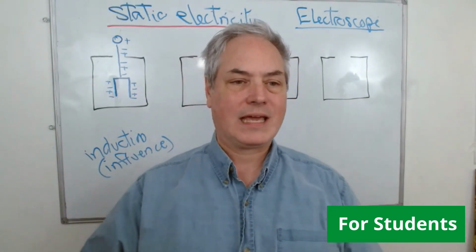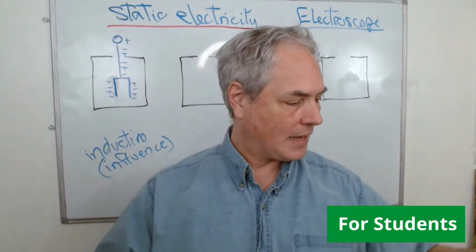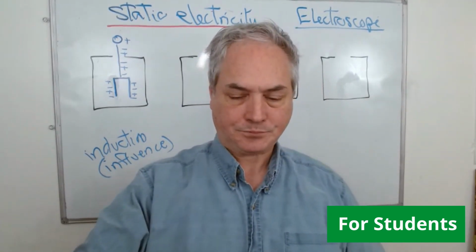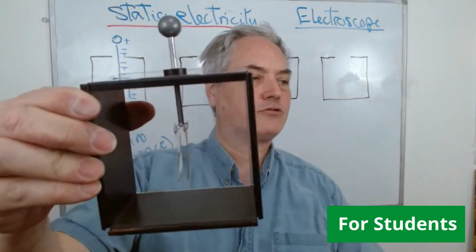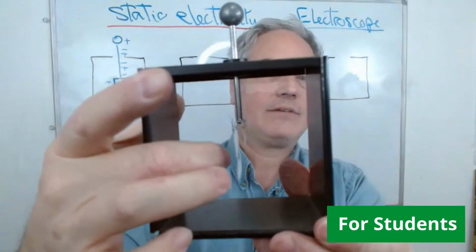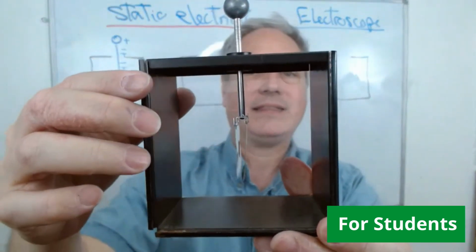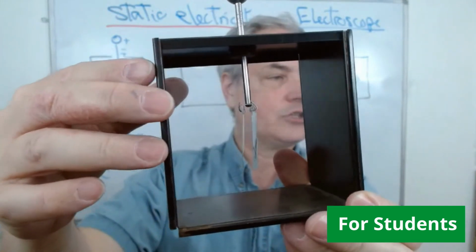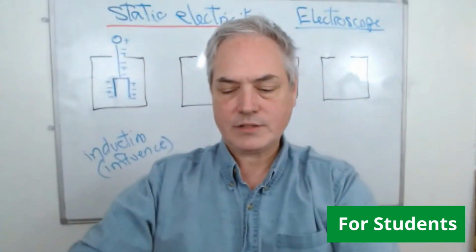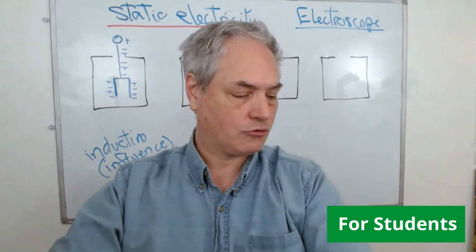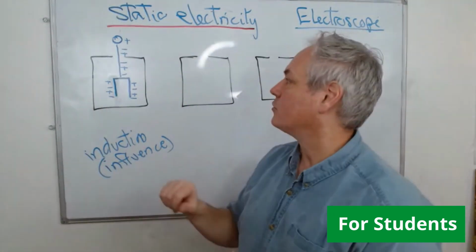So let's look at my first experiment. Here's my electroscope, and you can see that I have two little pieces of metal hanging parallel to each other. The whole idea here is that we have a neutral electroscope. Let's look at the drawing to see what it looks like.